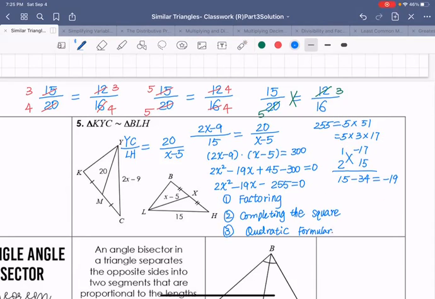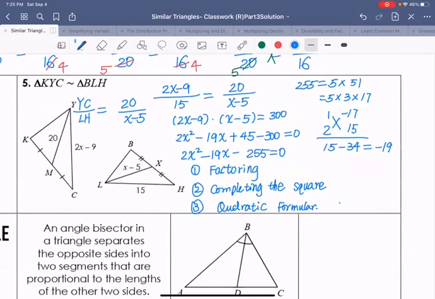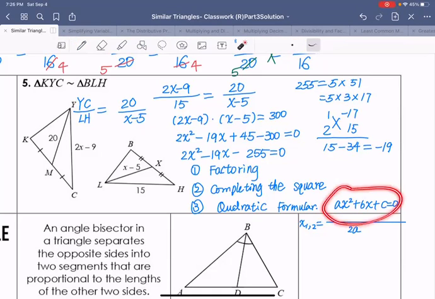Go ahead, tell me what's the quadratic formula.